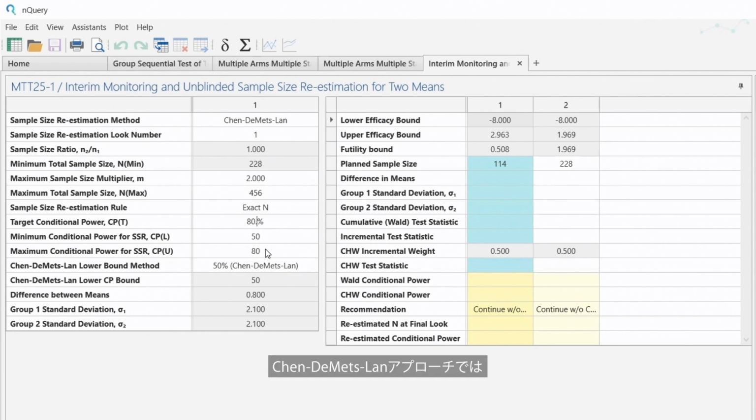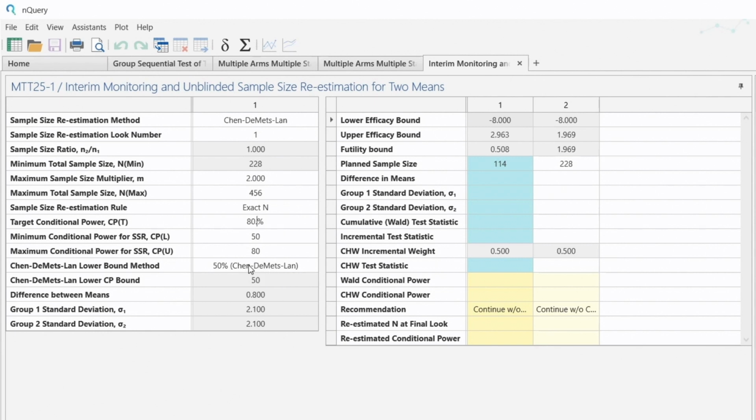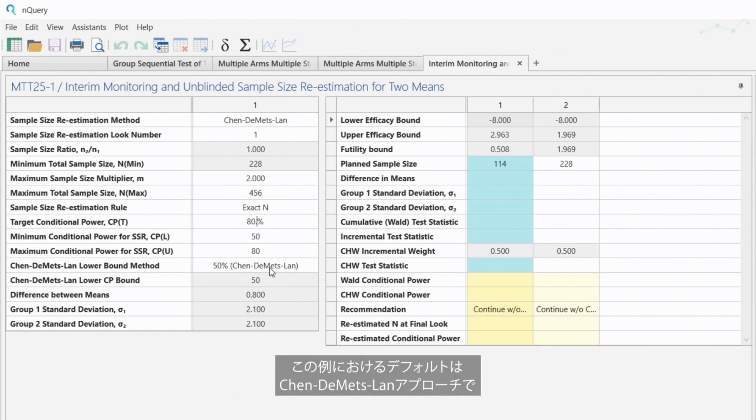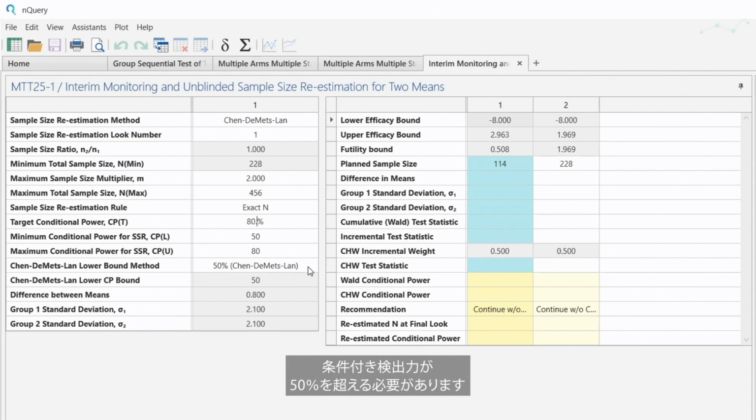For a Chen-Demets-and-Lan approach, the range with which we are allowed to increase the sample size is very restrictive. In this case, the default is the Chen-Demets-and-Lan approach, where it must be above 50% to guarantee type 1 error control.